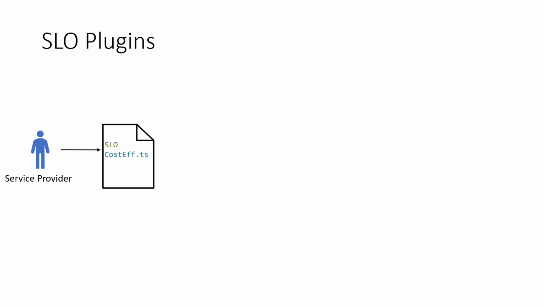So how do you develop an SLO plugin? As the cloud provider or service provider, you just set up a TypeScript project and use our SLO script libraries to develop the SLO. So for example, here we have the cost efficiency, which consists of TypeScript code.